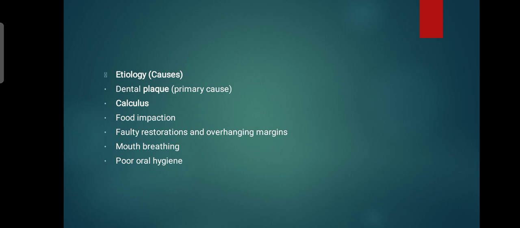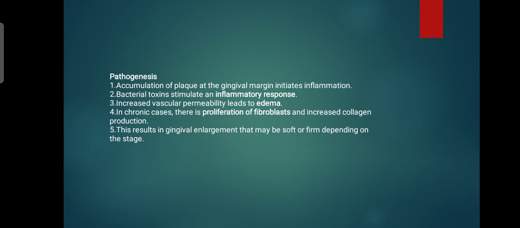The causes of inflammatory gingival hyperplasia are dental plaque, then dental plaque progresses to calculus, then food impaction. Therefore, we should always gargle after eating some food. Then faulty restorations and overhanging margins. If the restoration is faulty or the margins are overhanging, you must get it corrected by the dentist. Mouth breathing and poor oral hygiene.